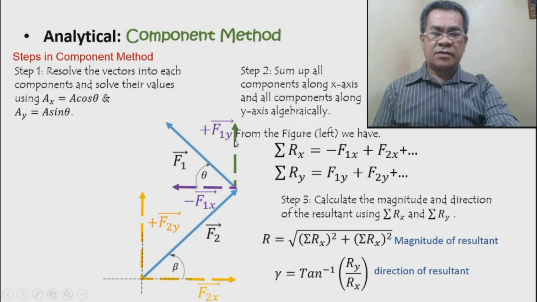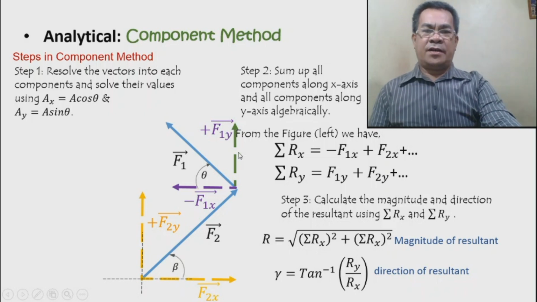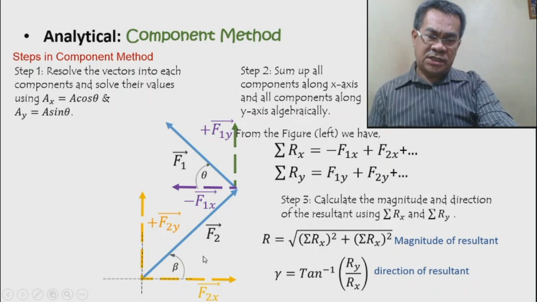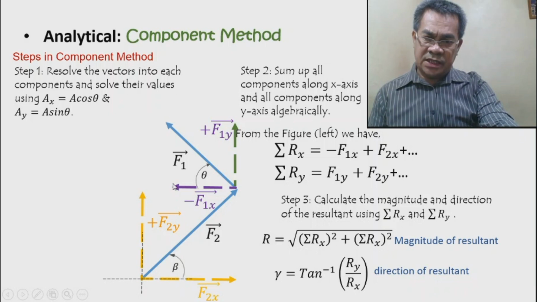Then upward. Okay, so look at this one. If you sum up F1x and F2x, the result graphically is this one. So this is actually Rx. From here to this point is the Rx. So the Rx is towards the right.